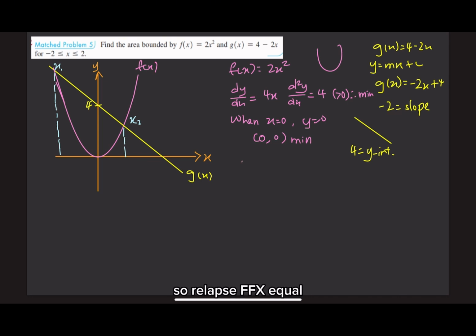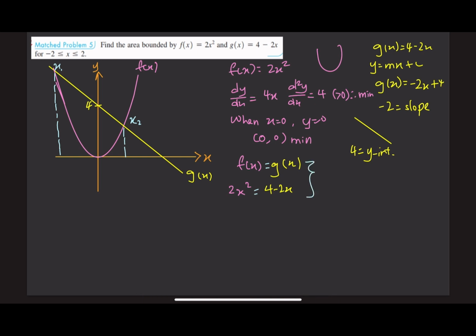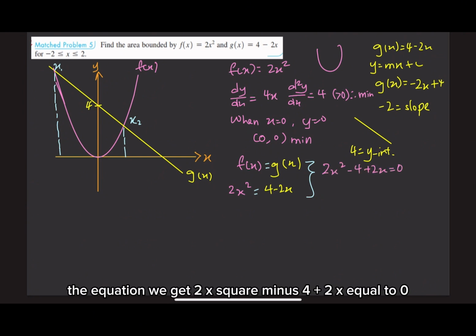So we let f of x equal to g of x, and that means what we get is 2x squared equals 4 minus 2x, and therefore the equation we get is 2x squared minus 4 plus 2x equal to 0, and just use your quadratic equation, right?